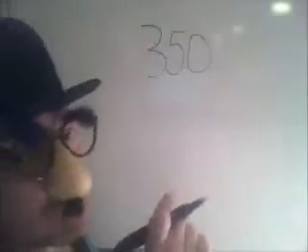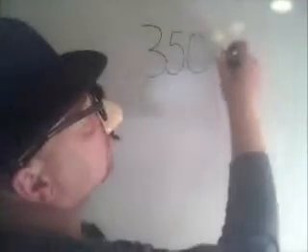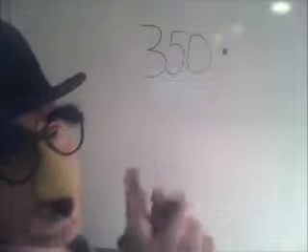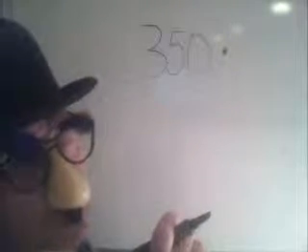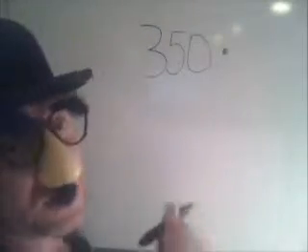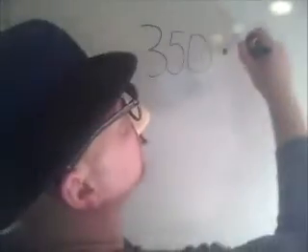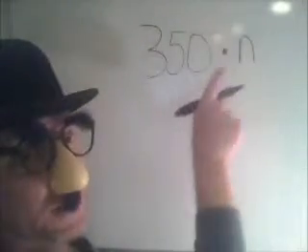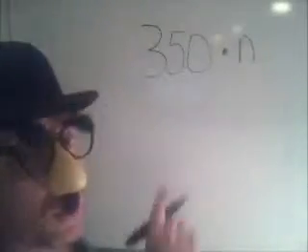And we know that there are an unknown number of customers. You can never predict exactly how many people are going to walk through the door of your business. So it's 350 times the unknown, which in this case is N. 350 times the number of customers.